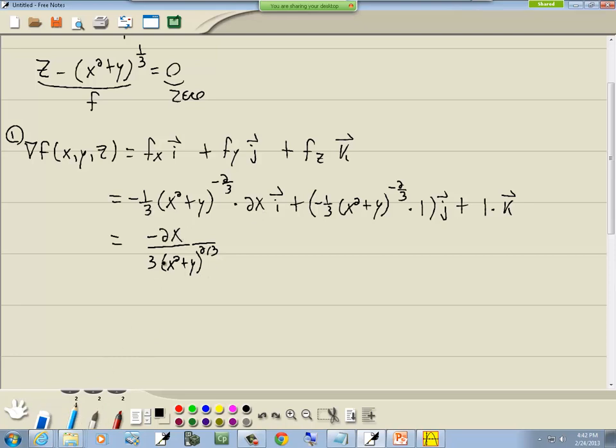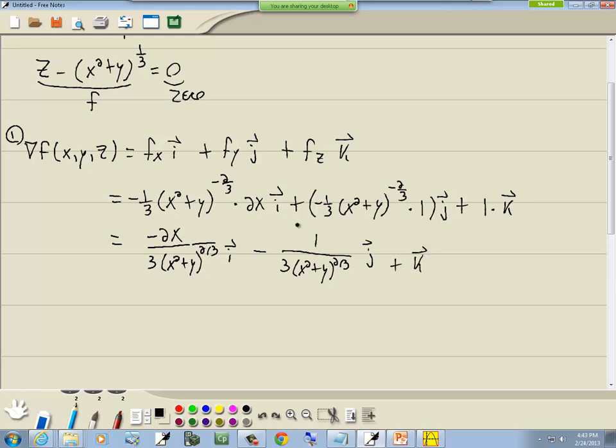There we go. 3's down there, negative, and 2x is up at the top, i. The minus goes out in front, and so this is 3, and then (x squared plus y) to the 2/3, j, and then there's just a 1 up here. And then plus k.